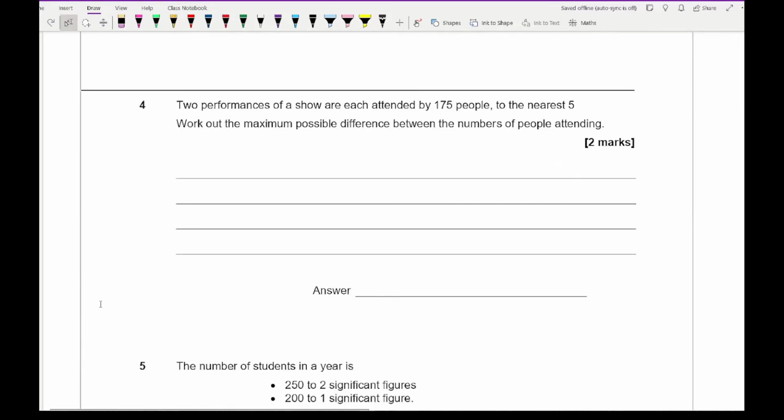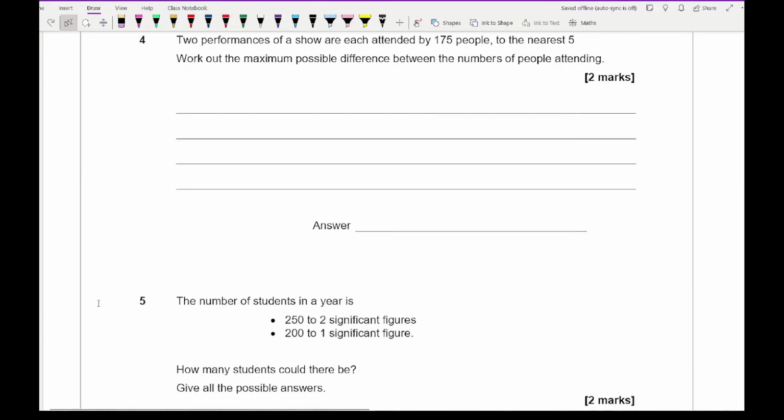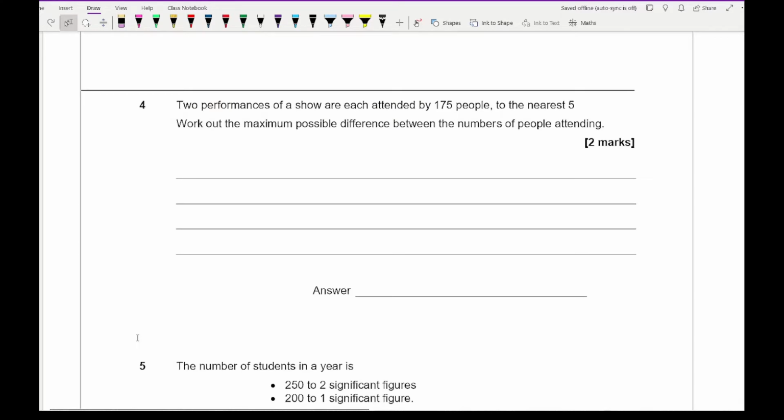Moving on to question 4, it says 2 performances of a show are each attended by 175 people to the nearest 5. Work out the maximum possible difference between the numbers of people attending. So for this, to the nearest 5, we're looking at 172.5 to 177.5. Now obviously when we're dealing with people, we can't have, let's say, a decimal person. So we'll call this 173 and we'll call this 177.